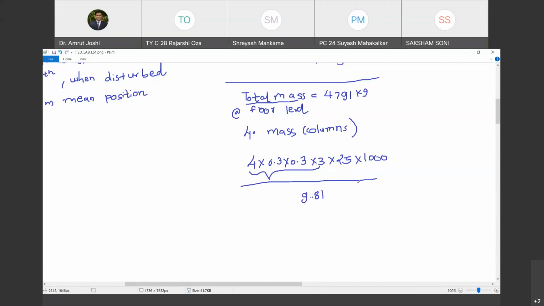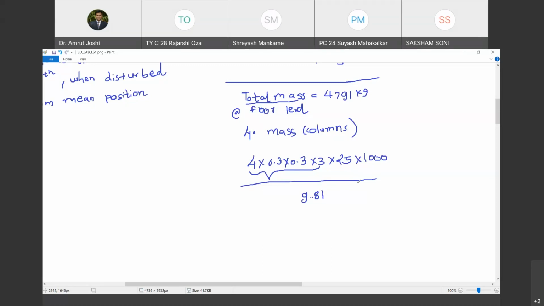So let me compute that. So it is going to be 4 into 0.3 into 0.3 into 3 into 25 into 1000 divided by 9.81. So how much are you getting this?